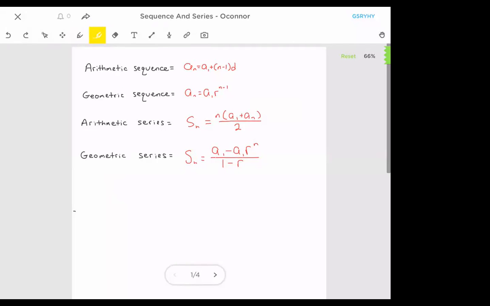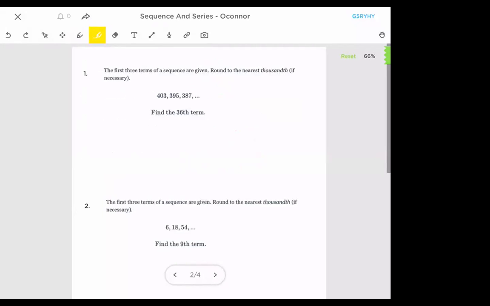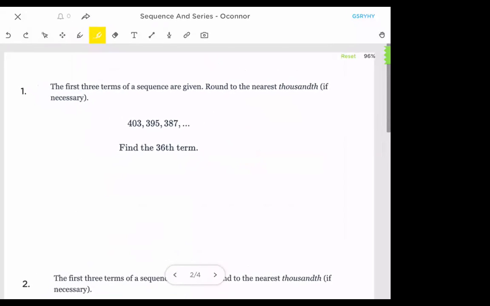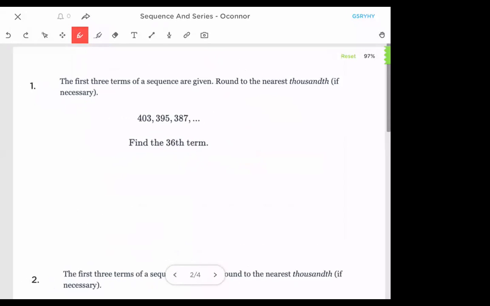So let's go to the second slide here, and we're going to use the first slide as a reference. The first question says the first 3 terms of the sequence, so that tells me right there it's a sequence, not a series. The first 3 terms are given, and we're trying to find the 36th term. So the first thing I want to do is determine, is it arithmetic or geometric?